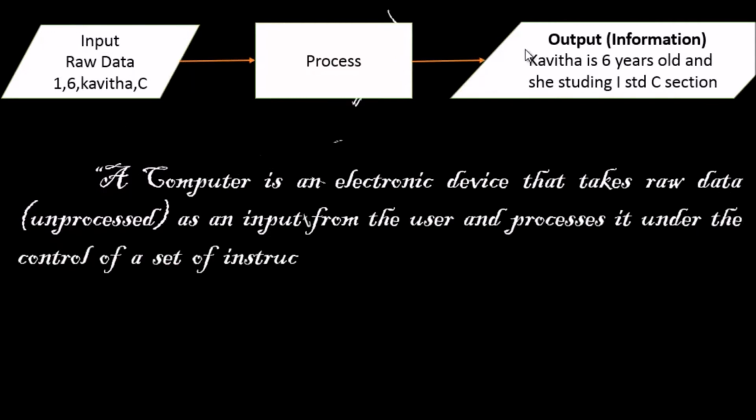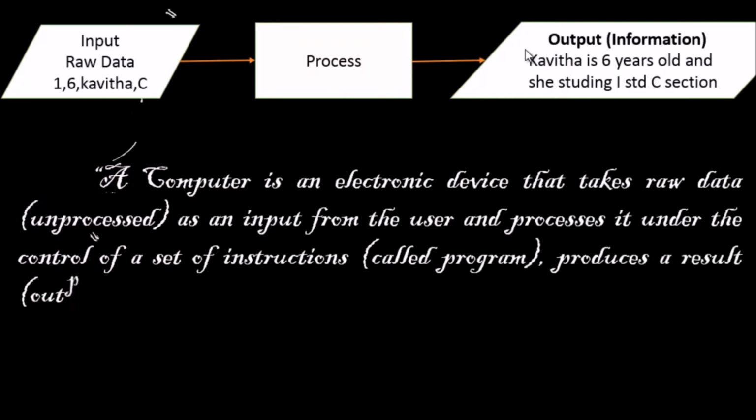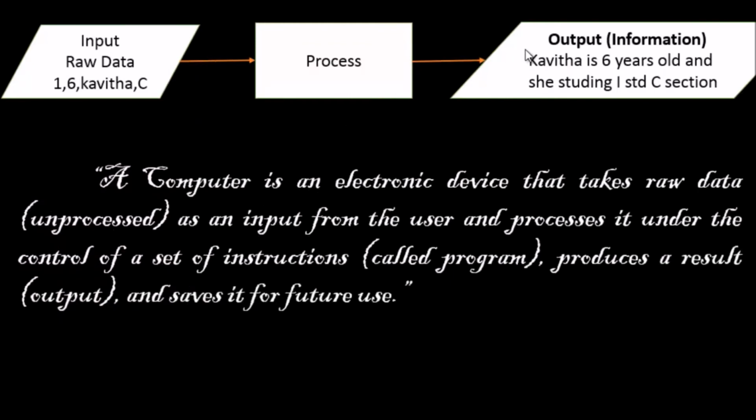That is raw data, 1, 6, Kavita, we gave, so that is input from the user, and processes it under the control of a set of instructions called a program. It processes through the program, then produces a result, meaningful words, that is output, and saves it for further use.